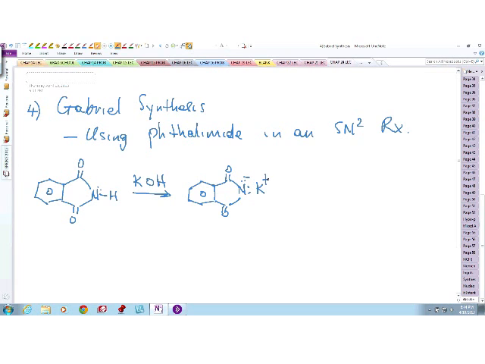So this is negatively charged. We call this potassium phthalimide. Now this potassium phthalimide will act as a base. In other words, it could abstract a hydrogen and go back to this molecule here, or it could act as a nucleophile.